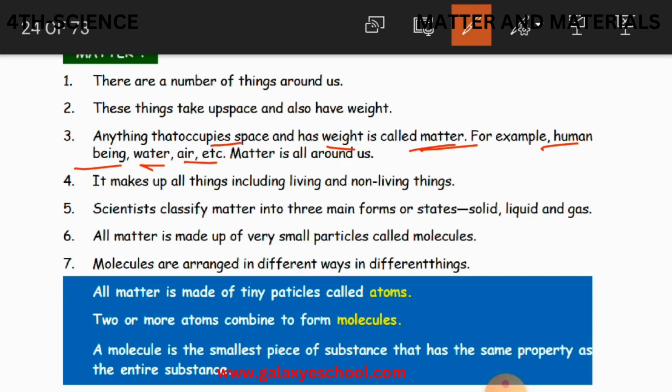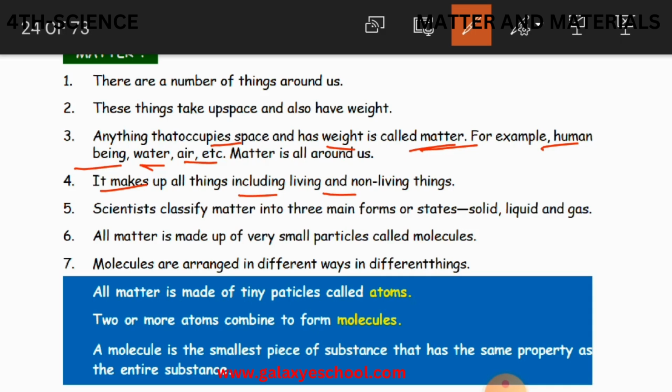Okay, children? And it makes up all things including living and non-living things. Like we have learnt about materials, they also belong to living and non-living things. So matter includes all living and non-living things.